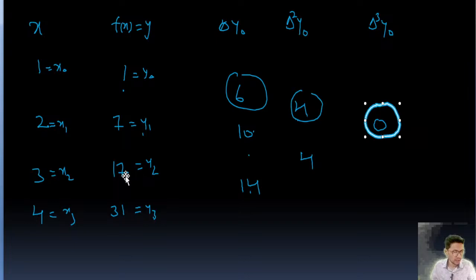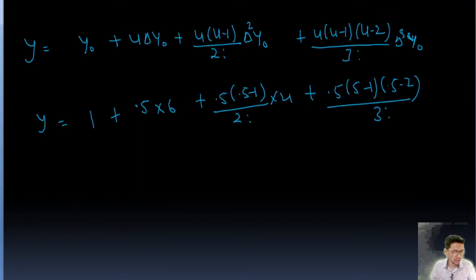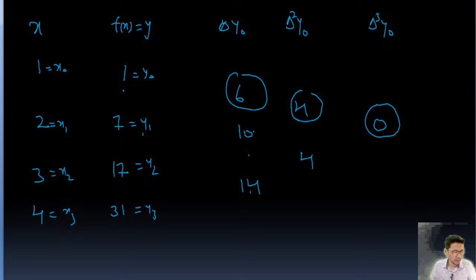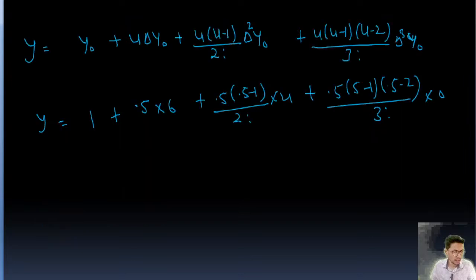So this term is going to be 0. There are only 4 terms, so this will go till delta cube y naught. After that there is no term, so this formula will be till this one.